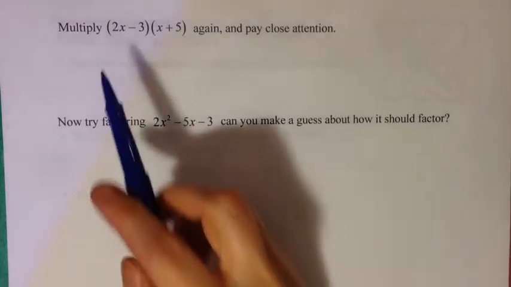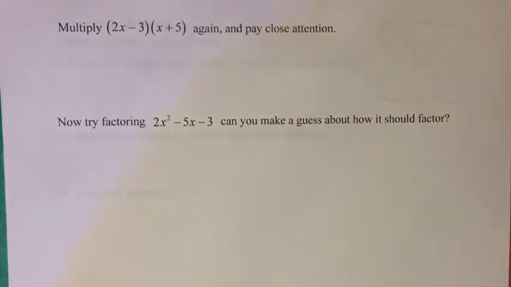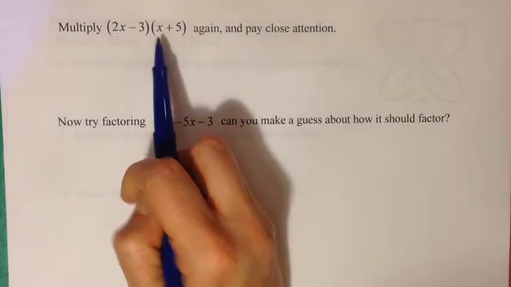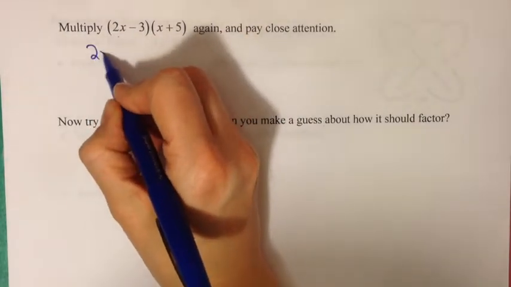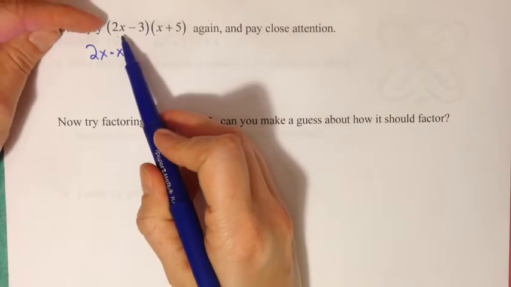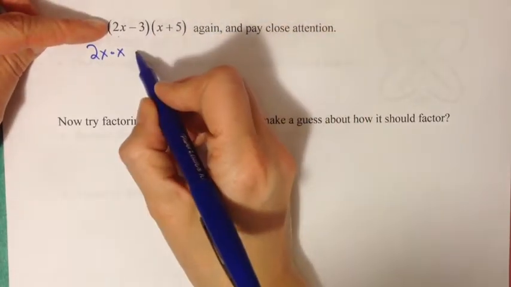So let's go ahead and multiply this out again and just pay really close attention to what happens and where everything goes. First, I multiply 2x by x, and that's what gets me my x squared term at the beginning. Then I multiply 2x by 5.